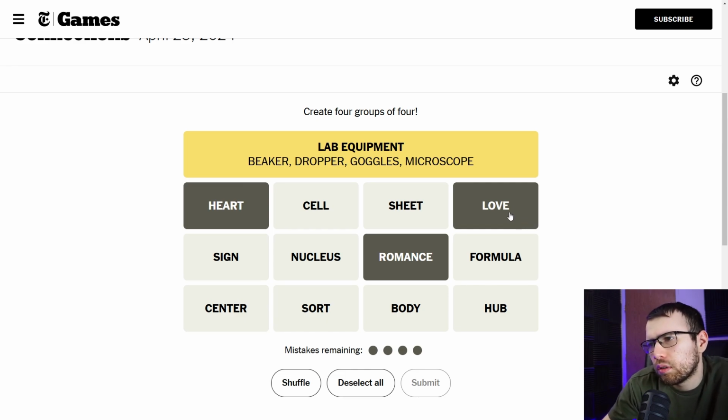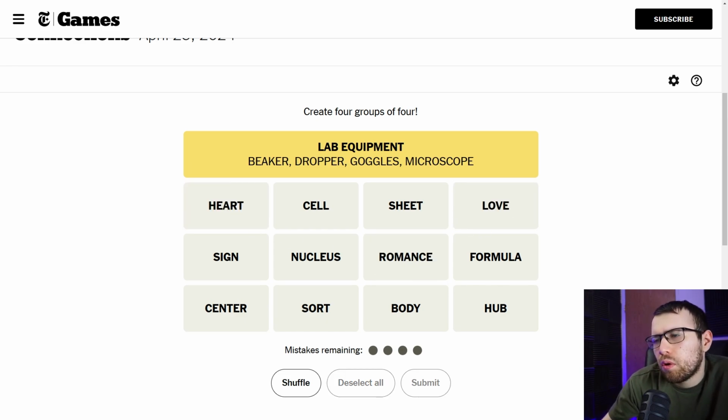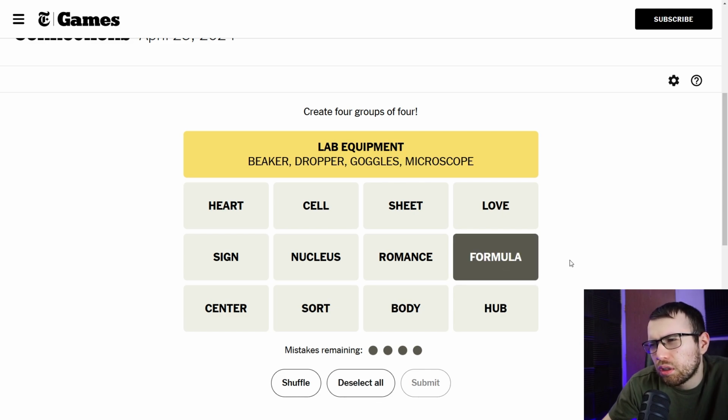Also, wait a minute. What the heck is cell or formula gonna go with? Formula? Sort?